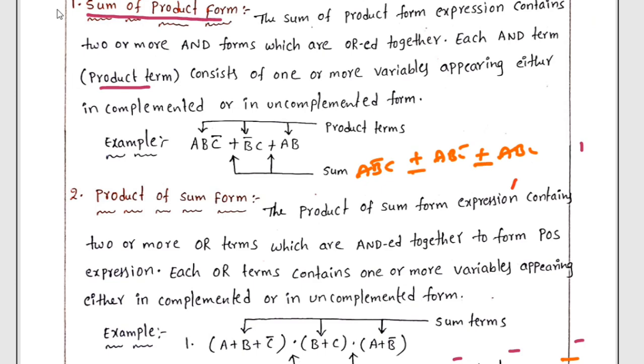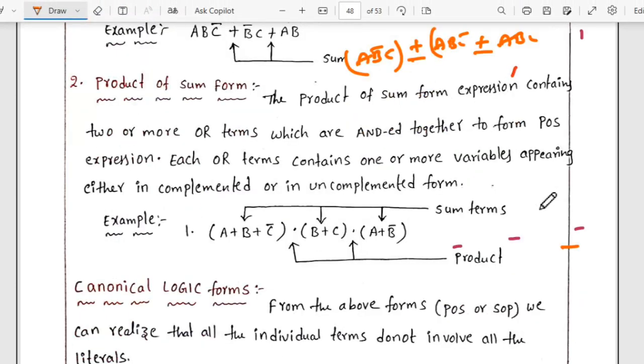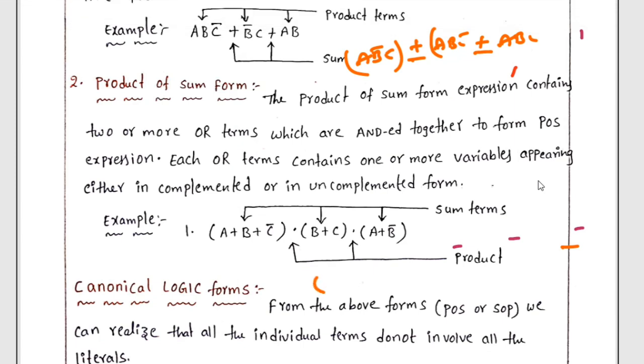First we start with the sum followed by the product. Clear? Next, product of sum: first you should keep products, of sum, nothing but A plus B plus C bar, or B plus C, A plus B bar. This is a sum, it is a sum, and it is a product. This is another sum of products and product of sum.